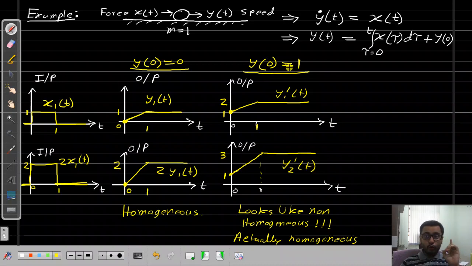So to check whether a system is homogeneous or not, you must always do these experiments under initially relaxed state or under the condition that initial output is 0 and so on. If you do your test with output being non-zero, then this is not a valid test. This is not a valid test for homogeneity.